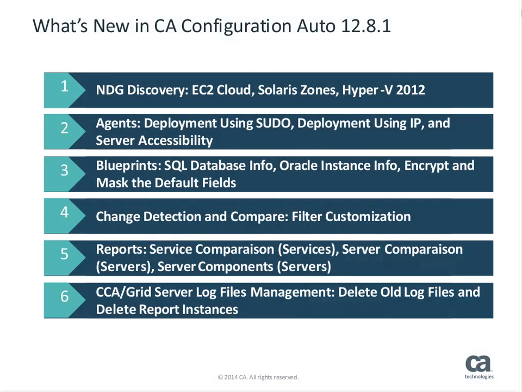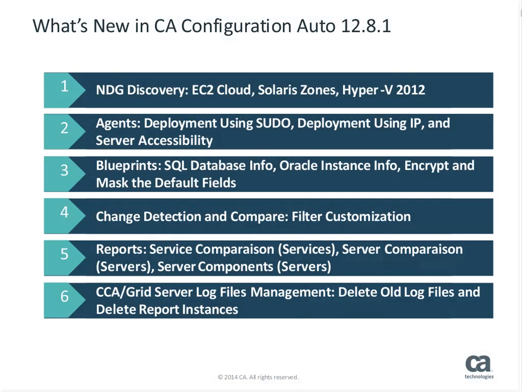One, we're going to take a look at NDG Discovery, the EC2 Cloud, Solaris zones, Hyper-V 2012 support. We also want to talk about deployment using Sudo, briefly on deployment using IP and server accessibility.